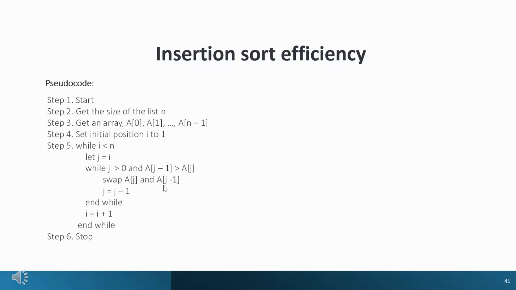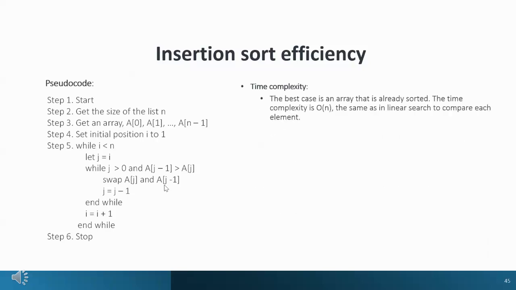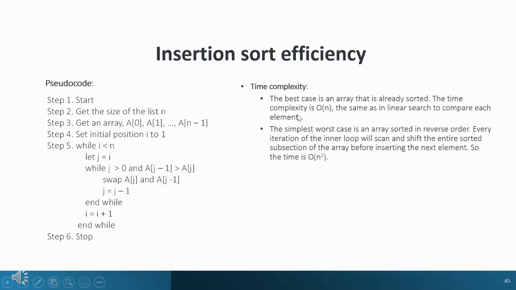About time complexity, we also consider best case, worst case, and then average case. For the best case, we compare all the elements, so the complexity is big O(n). For the simplest worst case, the array is sorted in reverse order, so we have to move every element, comparing and reversing n values at a time, so the complexity will be big O(n^2).